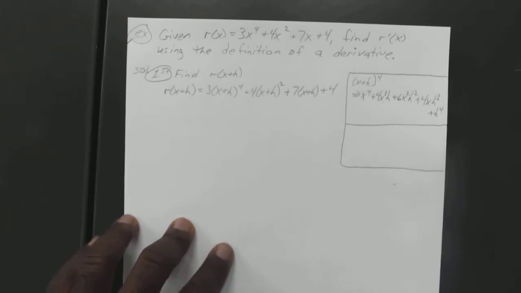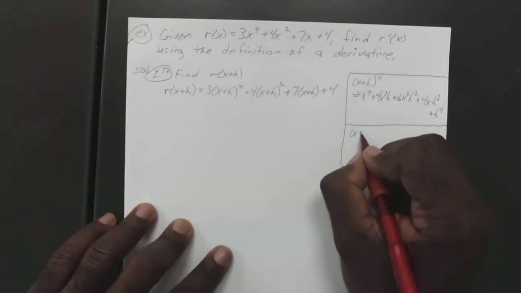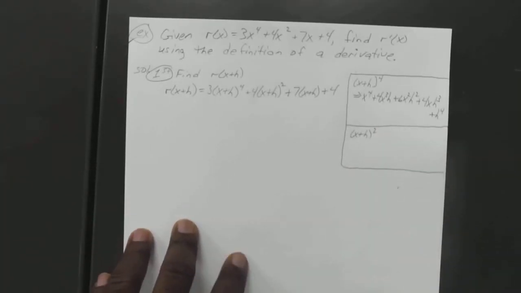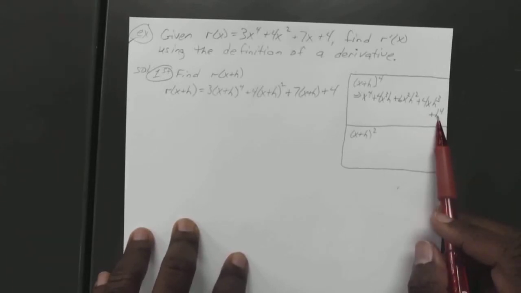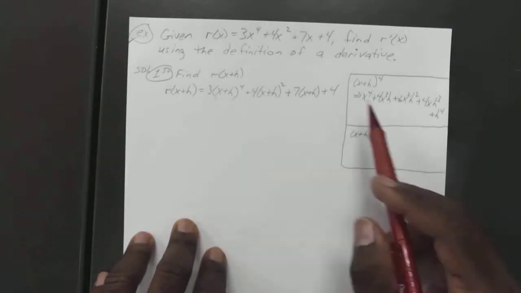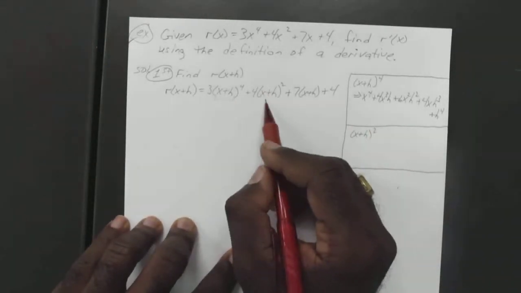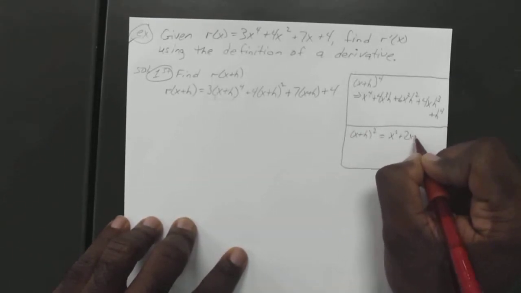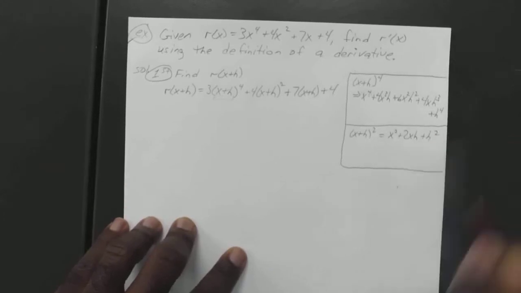And our x plus h to the fourth is just in the 3 times x plus h to the fourth, that's just that one part. So we're going to replace that with all of that. And x plus h squared is x squared plus 2xh plus h squared.